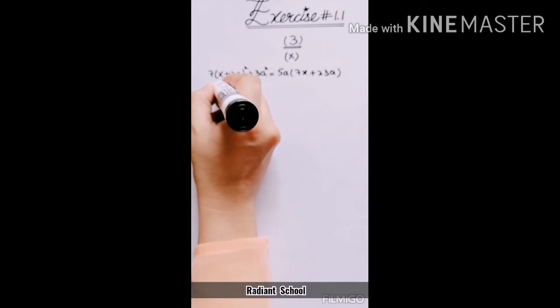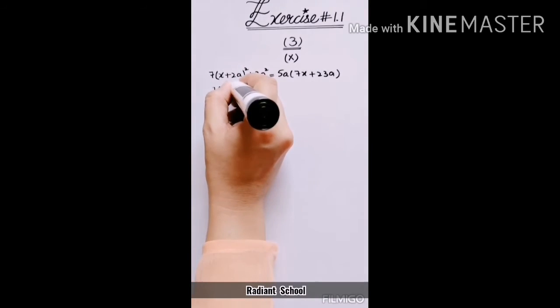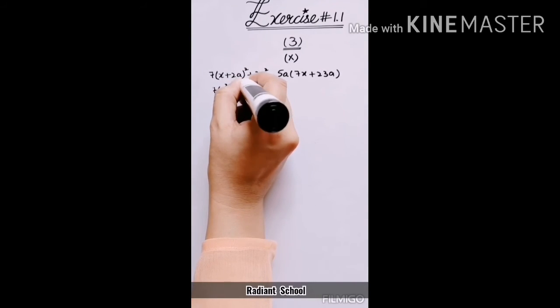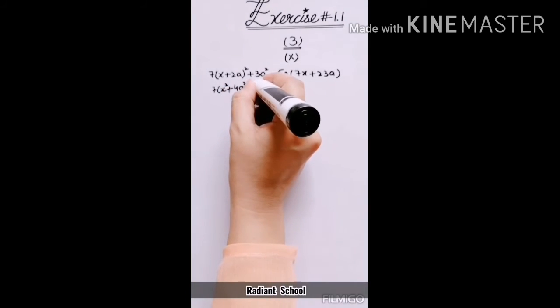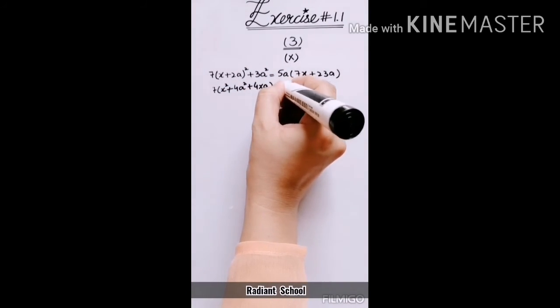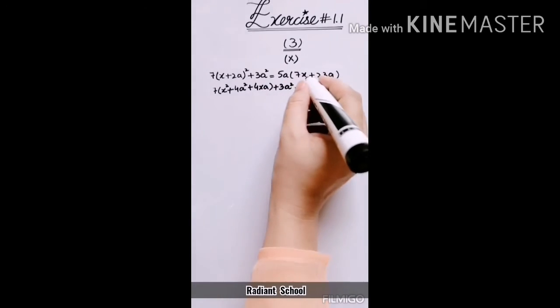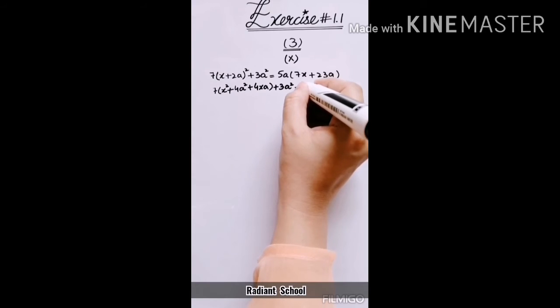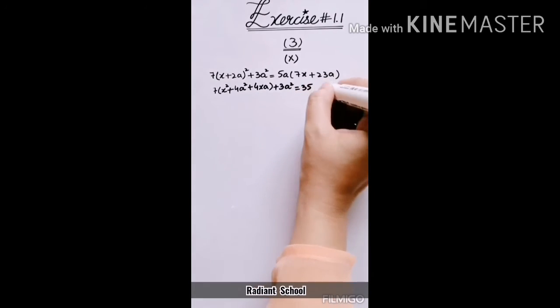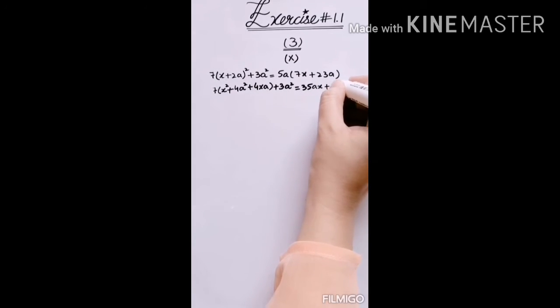7 will be as it is. Open the whole square: a square plus b square plus 2ab plus 3a square will be as it is, equals to, on this side multiply 5a inside, it will be 35ax plus 115a square.